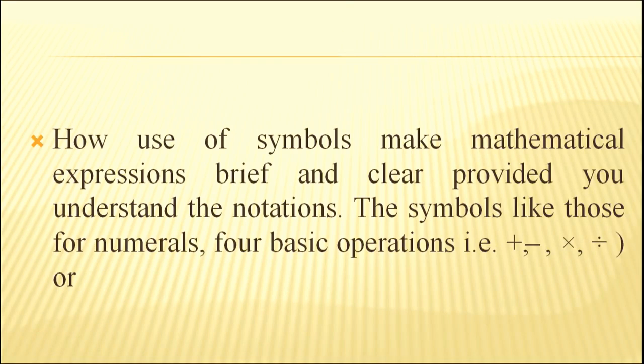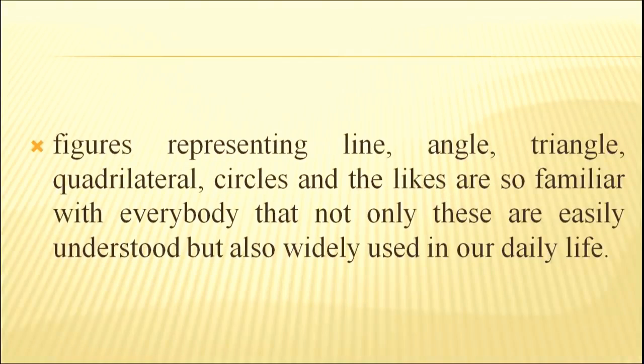The symbols like those for numerals, for basic operations, that is plus, minus, multiply and divide, or figures representing lines, angle, triangle, quadrilateral, circle and the like are so familiar to everybody that not only are these easily understood but also widely used in our daily life.